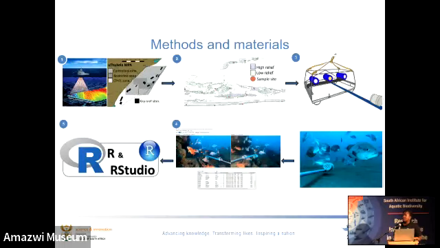Following that, we conducted stereo surveys using baited remote underwater video systems, which were chosen because they are very robust, cost-effective, and a non-extractive tool. All statistical analyses were conducted in R, where we ran generalized additive models.